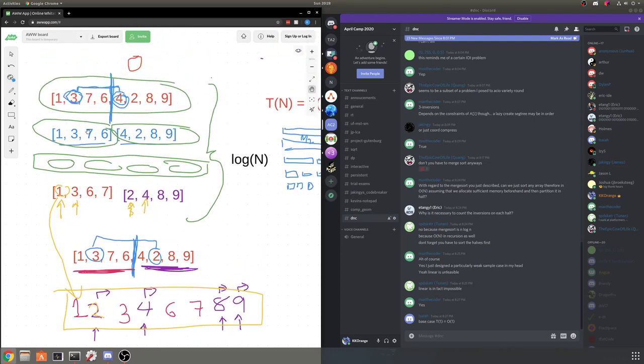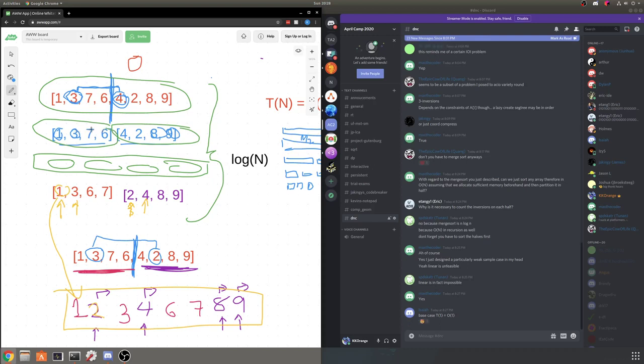Or both elements of the inversion are on the left, or both elements are on the right. For all of the inversions where both elements are on one side of this divide, you're not going to count them when we do this dividing step.